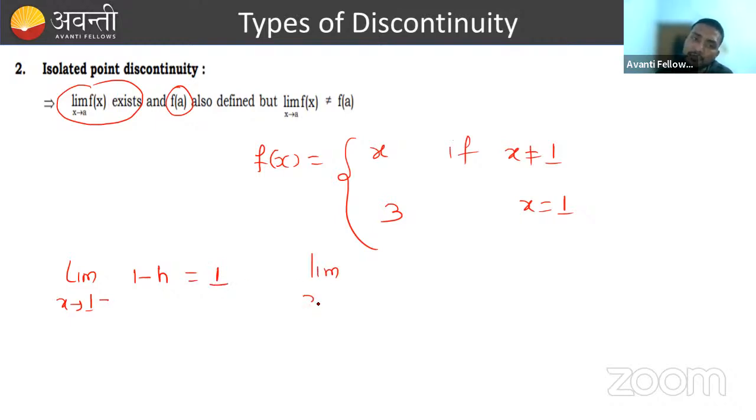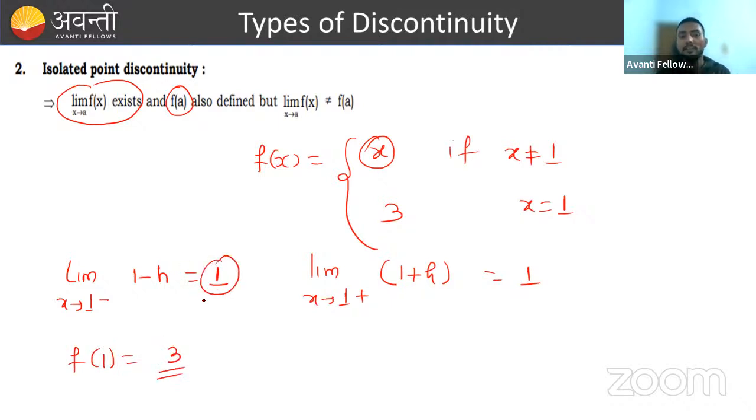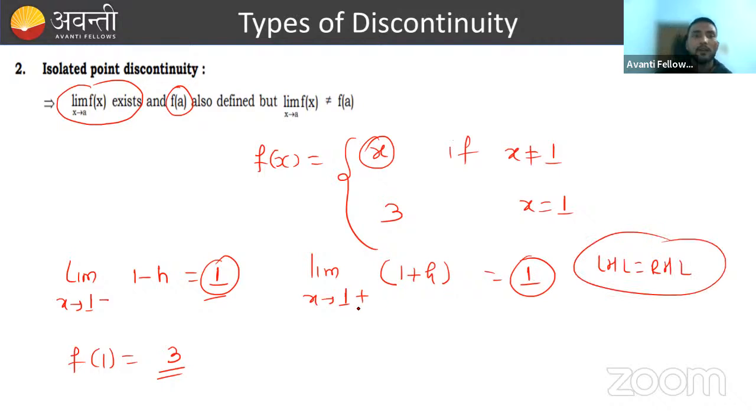If you take x as 1 plus, again since it is not equal to 1 it is x only, so in place of x I write 1 plus h, and it is again 1. And f of 1 has the value 3. So at 1, LHL and RHL are equal, but the limit is not equal to f of 1. This kind of discontinuity is called isolated point discontinuity.